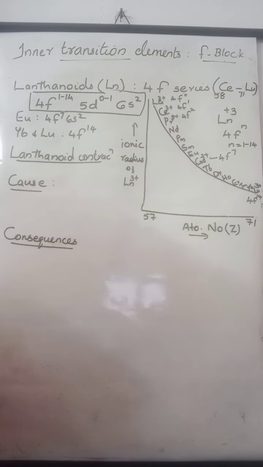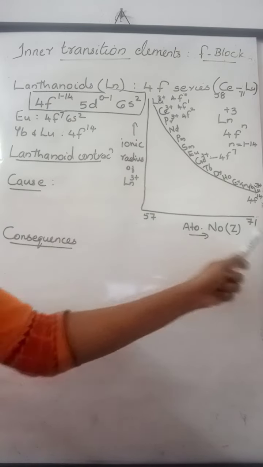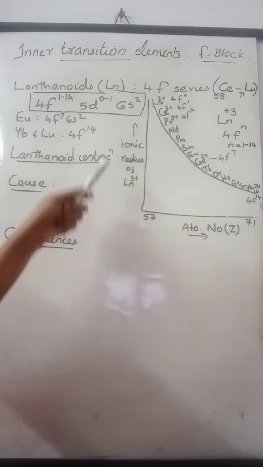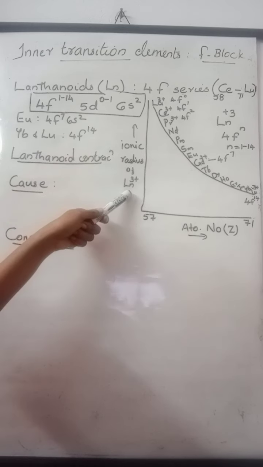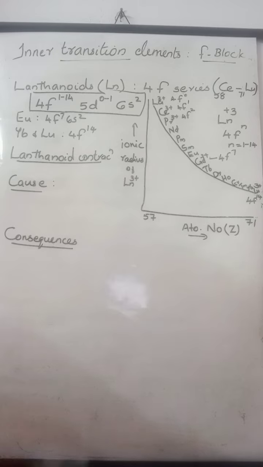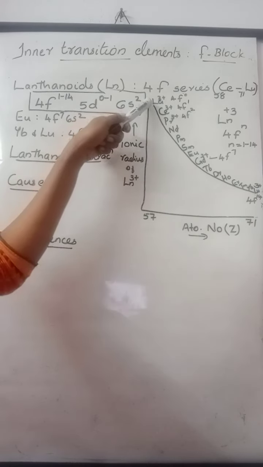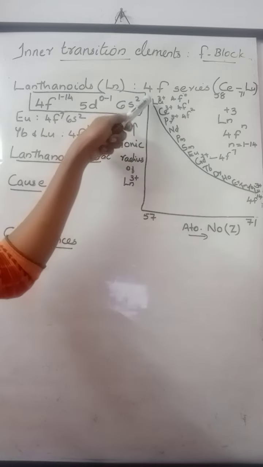When we compare the atomic and ionic size of lanthanoids from left to right, from lanthanum to lutetium, we get a graph. The ionic radius of the lanthanoid 3+ ion is plotted against the atomic number, showing how the atomic and ionic radius vary along the series.